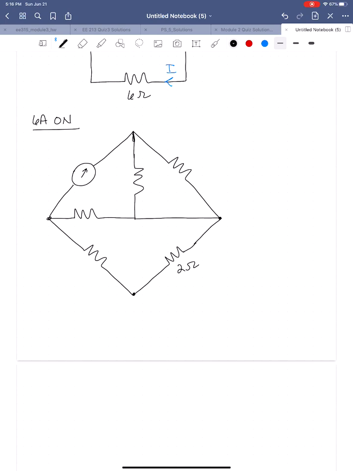So here is 2 ohms, 2 ohms, 2 ohms, 2 ohms, 2 ohms, and I'm going to draw this 2 ohm above here. Here is 6 amps. Here is Vx2, the second part of the voltage Vx. It's a function of just the 6 amp source.